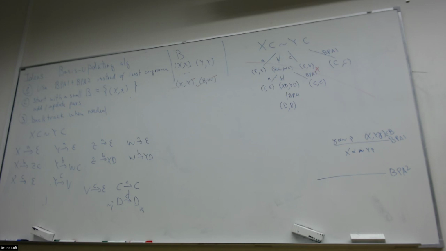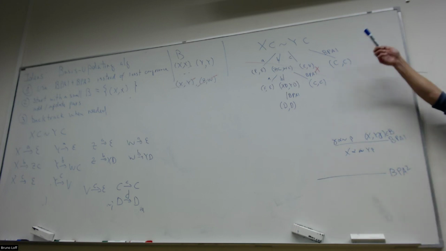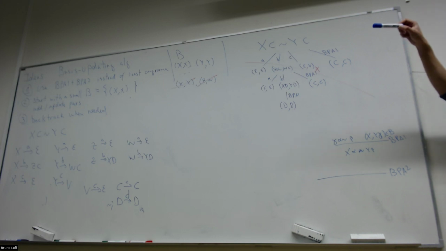No, because if you find a contradiction there, I mean, it depends on the type of contradiction. If it's a contradiction like epsilon versus V, then you can show that this must always be the case, there must be a BPA1 node ancestor only, not necessarily another part of the tree.